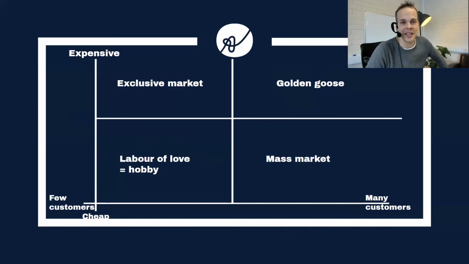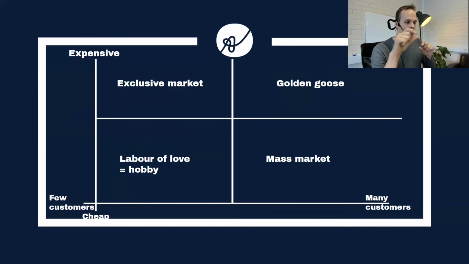Nobody actually wants to pay me for doing high jumping. I wouldn't be charging them enough money either. So little money, few customers. That means it has to be my hobby and interest. I just do it because it's fun. Or I'm doing maybe voluntary work for a charity or something. But that's a bad business idea.